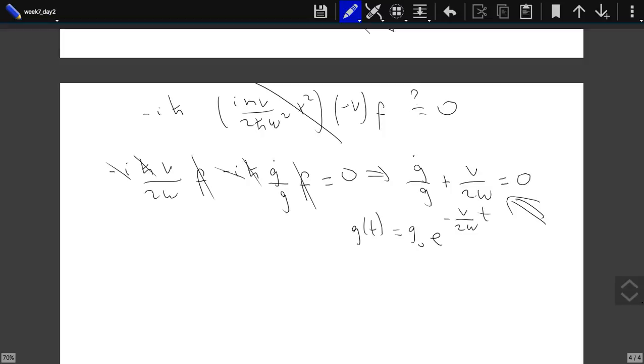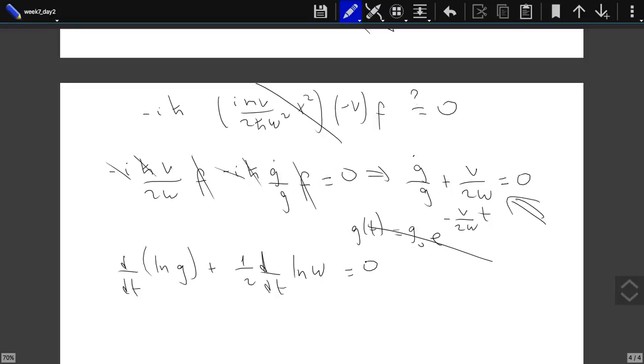Omega is time dependent, so this is not the solution. The above differential equation tells me that the time derivative of the logarithm of g plus 1 over 2 times the time derivative of the logarithm of omega is 0.